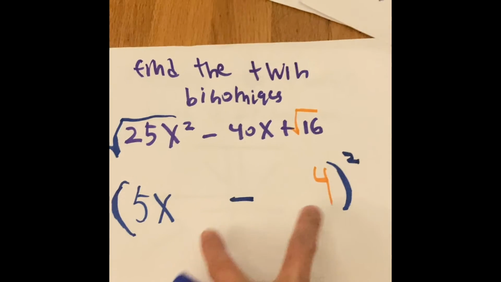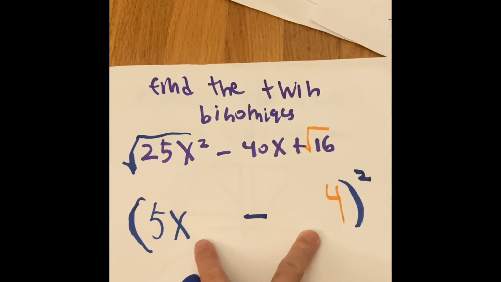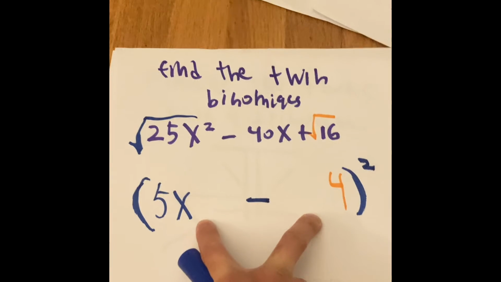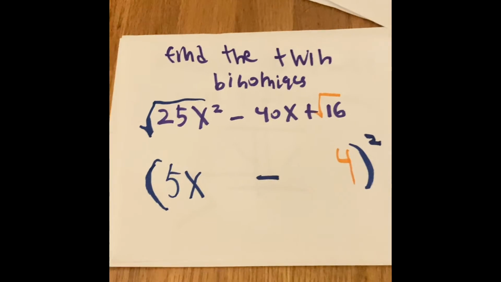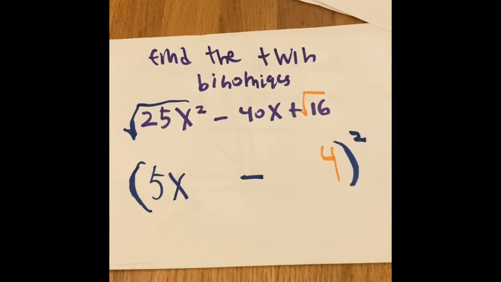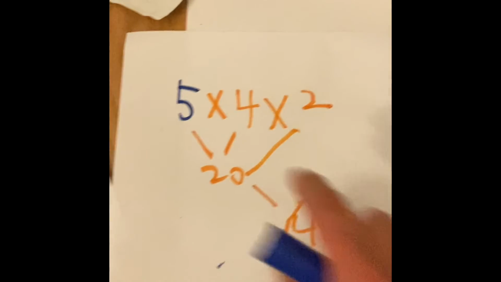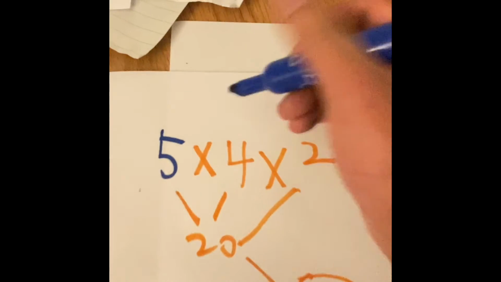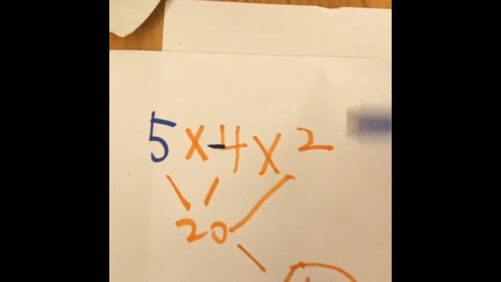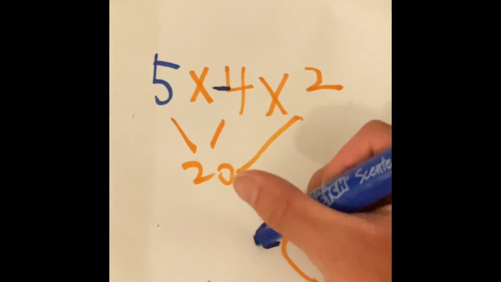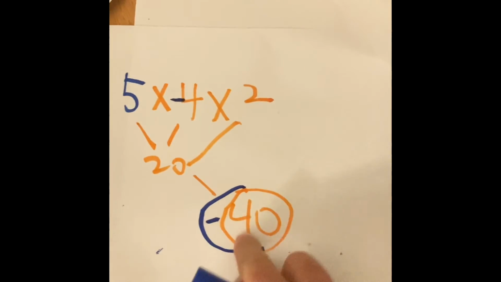Since we found at least one of the twins, let's see if we got it correct. It also means that this 4 should become a negative, which means the answer for our check should be a negative 40. Let's try it. So let's regroup.